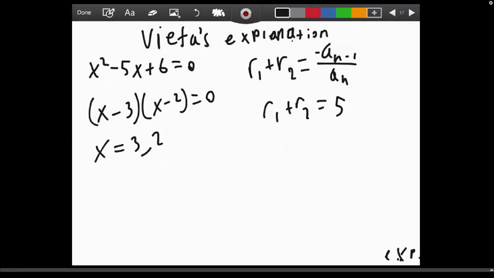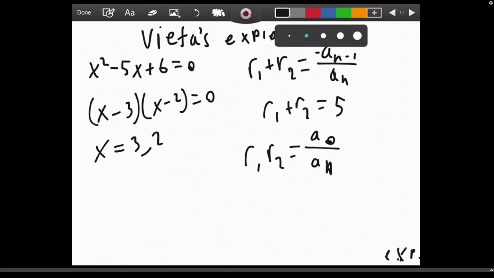There's one other one for multiplying: root 1 times root 2 is equal to a0 over a of n. So again, a of n is the first coefficient here, and a of 0 is the constant. So a of 0 is 6, and a of n is 1. 6 over 1 is just 6.